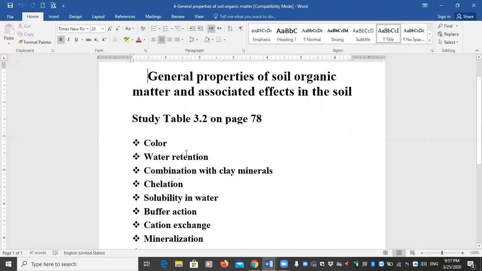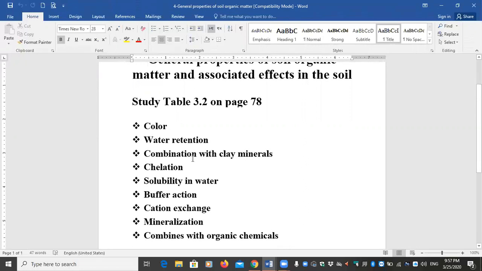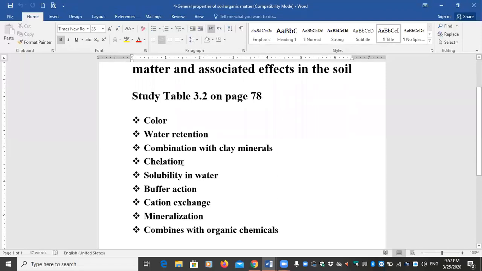Water retention. The organic matter has a very high ability to retain water, to absorb water and hold it. Combination with clay minerals. We said earlier, it has an intimate, close relationship with the clay minerals. Chelation, you're supposed to have studied that, or you will study it in fertility.